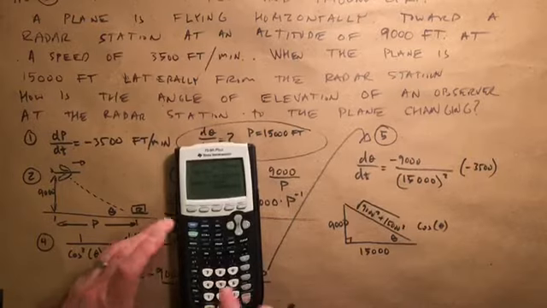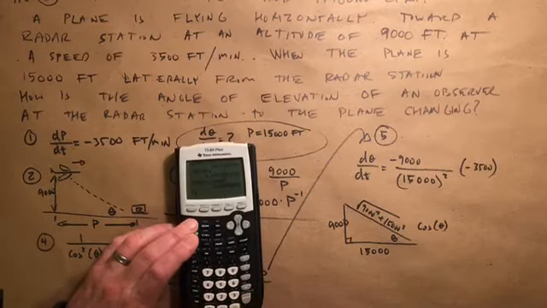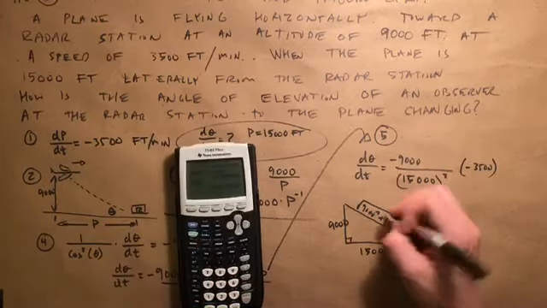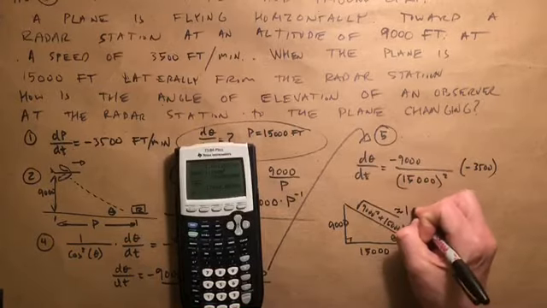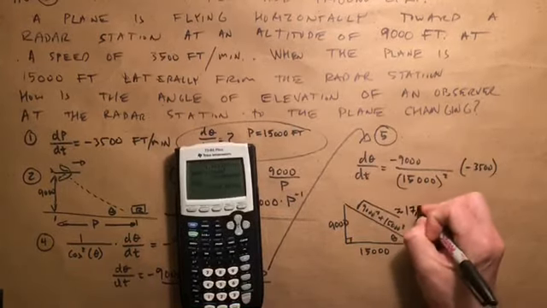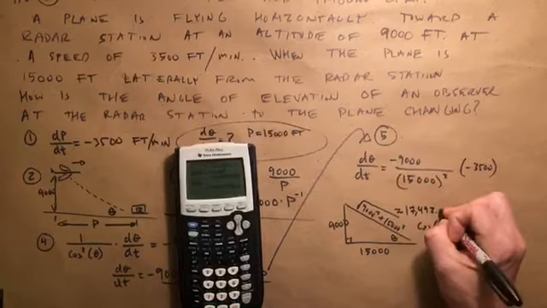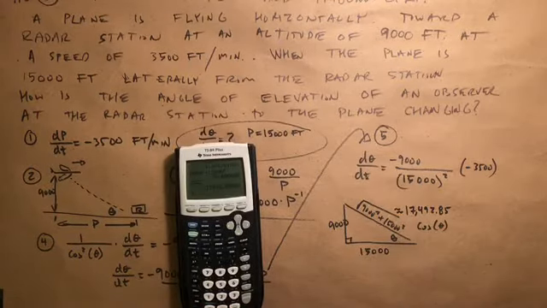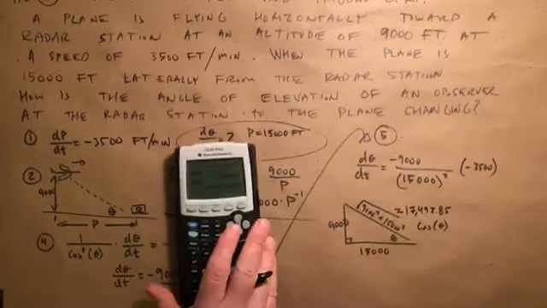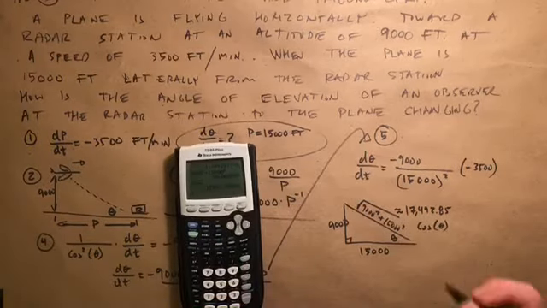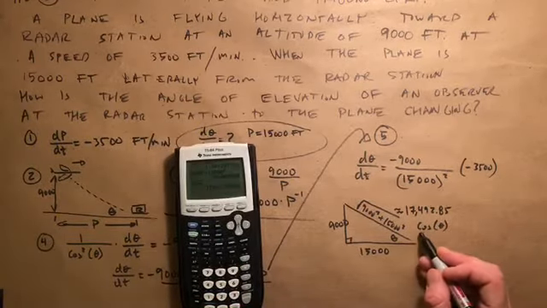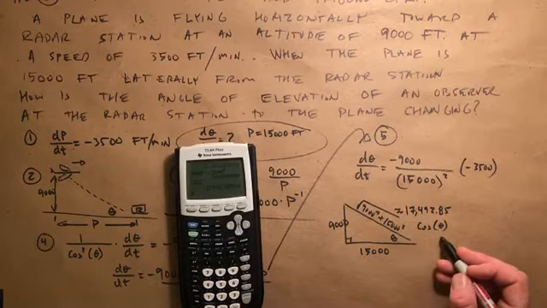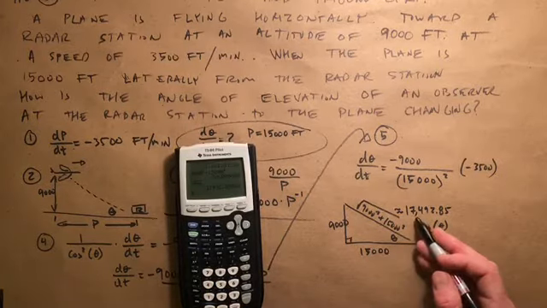And so we're looking at, oh my goodness, it's huge and ugly, but who cares? This is approximately 17,492.85. And I'm just going to let that thing ride. Cosine is equal to the adjacent side over the hypotenuse.